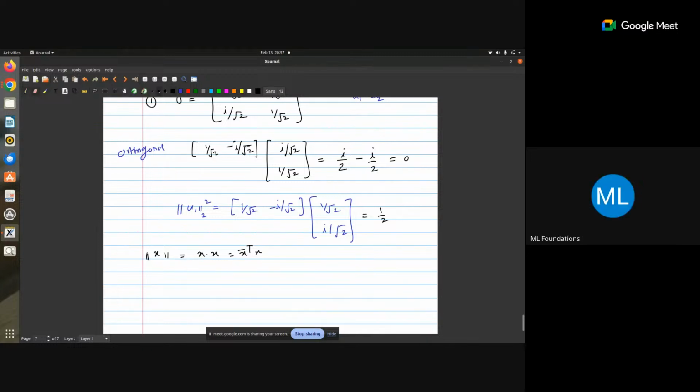In the real case we say x transpose x, but when complex numbers are there, that is what you have to understand. Otherwise you will get zero. We'll try that out also, but can you just tell me this product first?